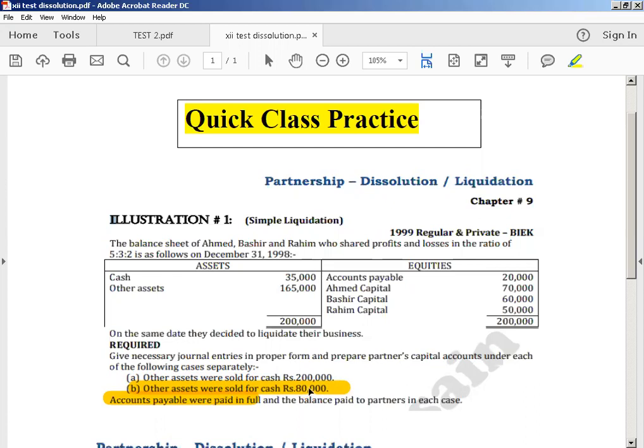So I'm requesting you all to solve this question first by considering the adjustments: other assets were sold for cash 200,000 and accounts payable were paid in full. Then you will come to know what will be the amount of realization, whether it is profit or loss, how you can distribute it, and show your respective working. Okay. Meanwhile, if you have any queries, you can ask me.